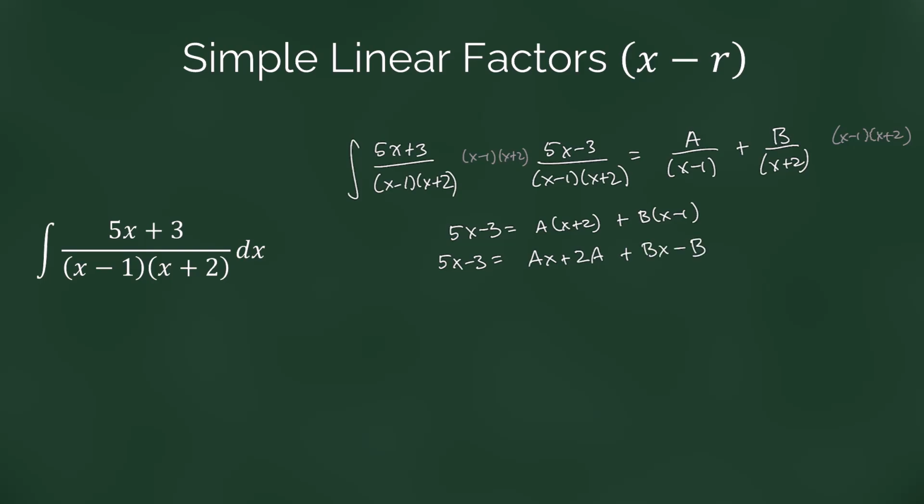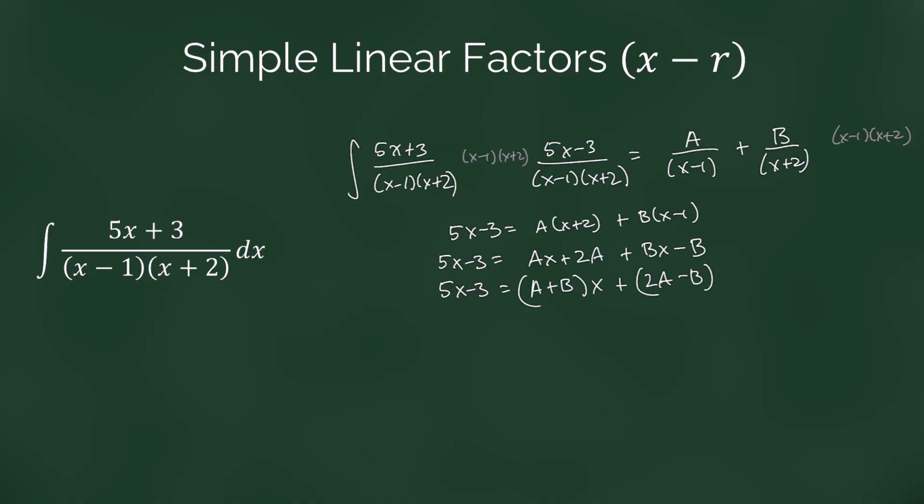I'm going to work through both methods again here for solving for a and b. You can obviously choose whichever one you prefer. So the first thing I'm going to do is group my x terms together. So I have (a plus b) times x plus (2a minus b) as those terms.